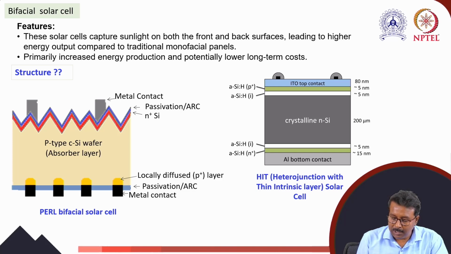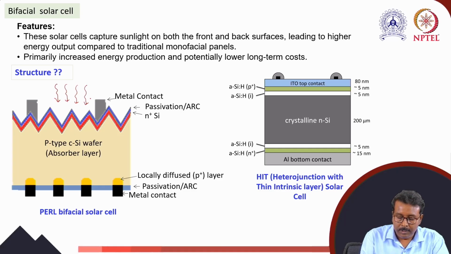Passivation and ARC coating layer is still there. So light may be incident from top and bottom in this case. So this behaves like a bifacial solar cell. We have just modified the conventional PERL structure by putting the localized contact on the back side also.